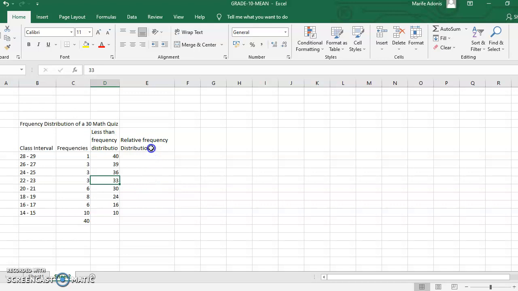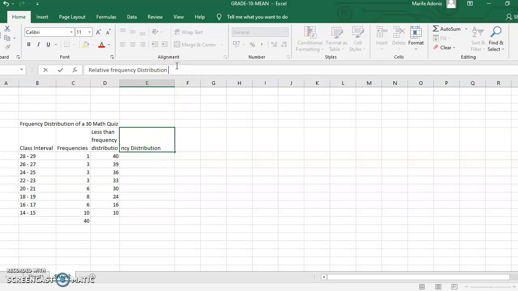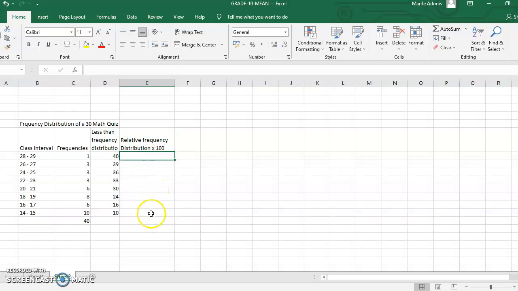No? So this time, we're going to get the relative frequency distribution. So, ang relative frequency distribution is the frequency over the total, times 100%, no? Now, for example, paano ito kukunin? So, let's start here.